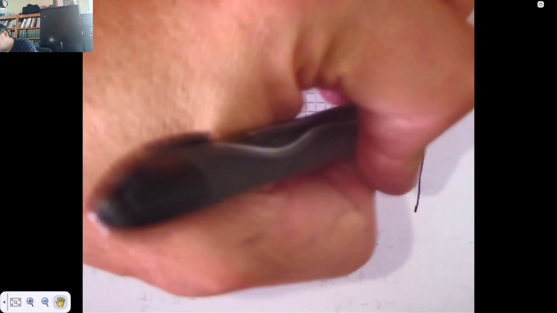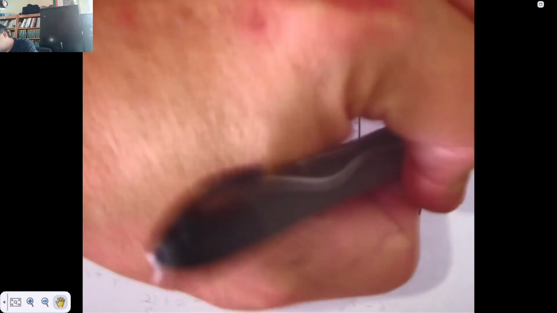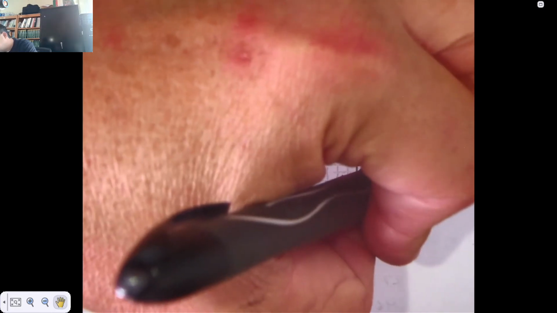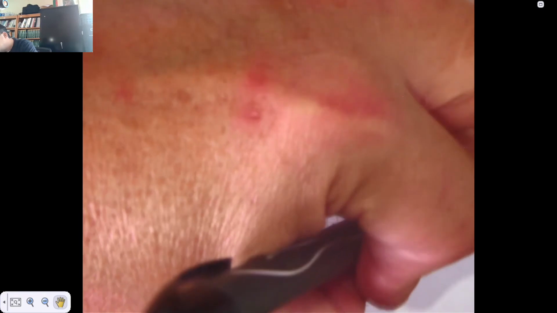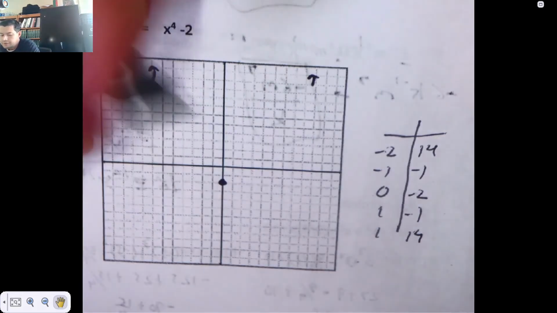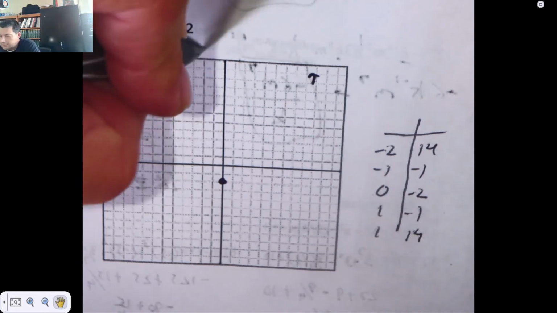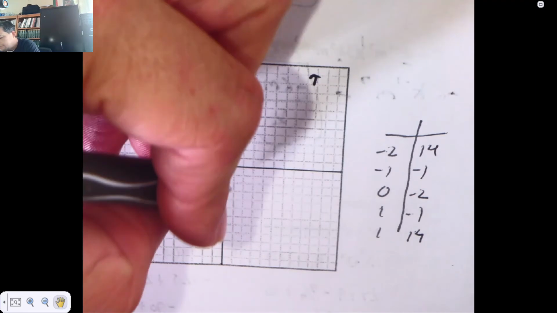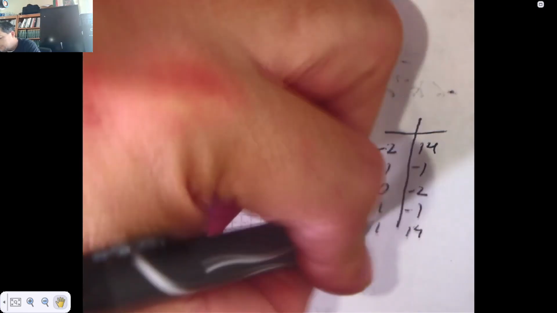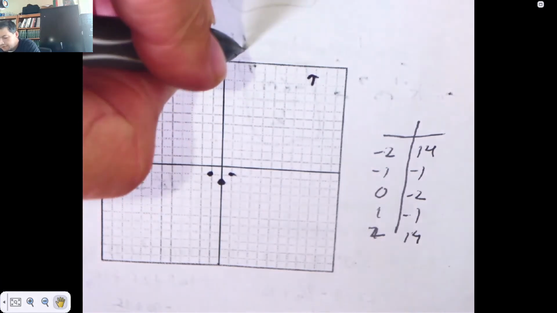I'm going to write them down though. -2, 14; -1, -1; 0, -2; 1, -1; 2, 14. So -2, 14 is off the grid, expected behavior. -1, -1 is right there. 0, -2; 1, -1. That should be a 2, 14, which is off the grid.